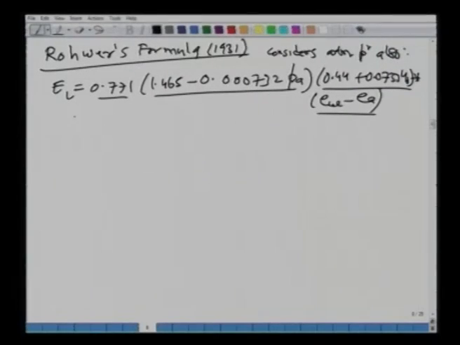Here your P A is the mean barometric reading at the location, again in millimeters of mercury.